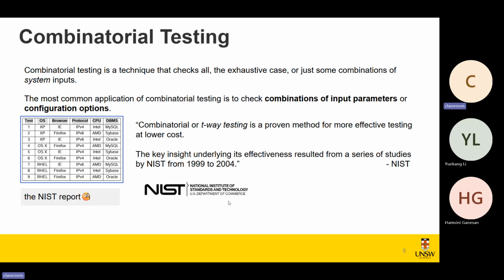They want to have some guarantee of the quality of different techniques, and they want to provide some standards. If they want to provide standards, they have to have some evidence of the quality, right? So they are interested in investigating new testing techniques, and in this study, they proposed combinatorial or T-way testing.